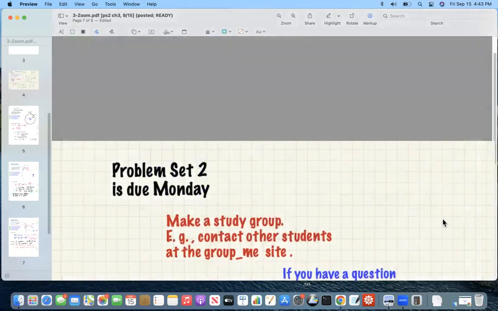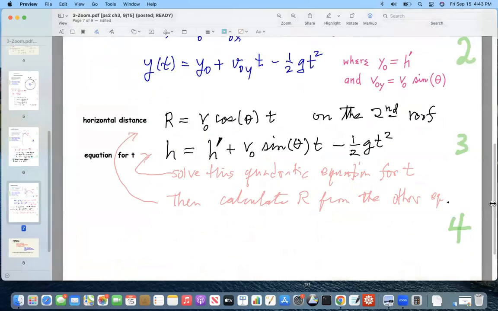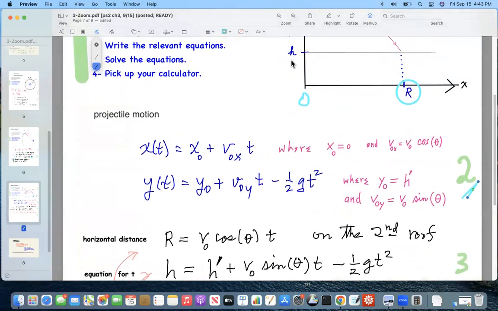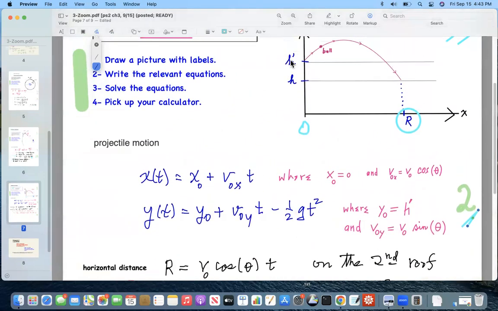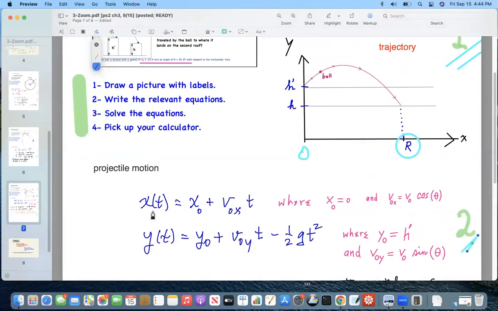The second step is to write down the necessary equations. Well, it's a projectile. So we'll write down equations for projectile motion. Remember, the horizontal motion is just constant velocity. So x at time t is x0. Well, that's 0 because we took the initial position of the ball to be the origin, plus v0x t.